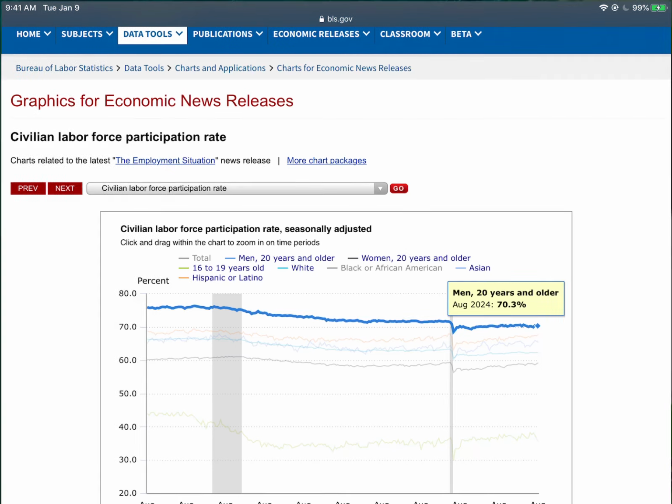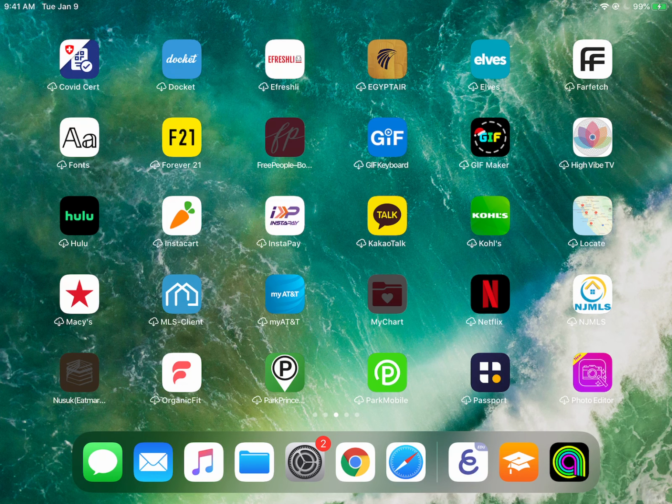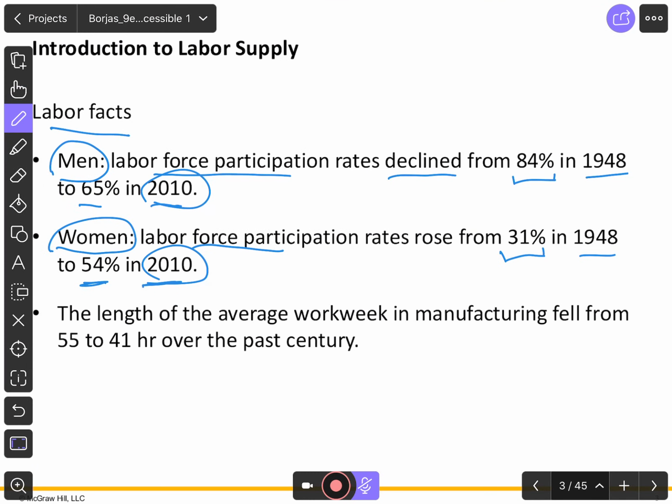So when we go to the slide, it's 70%, so you can update this information. It's about 70% in 2024. And you can also update the information about females. But the general trend is there is a decline in men's participation rate, and there is an increase in the female participation rate.